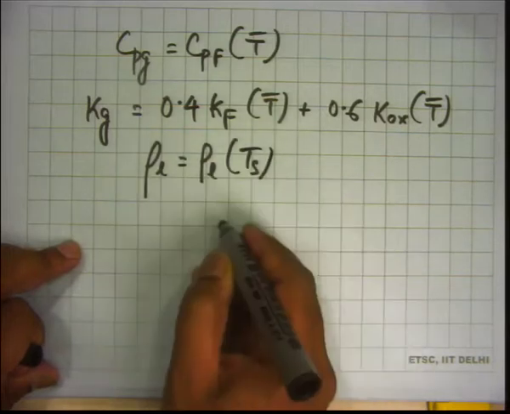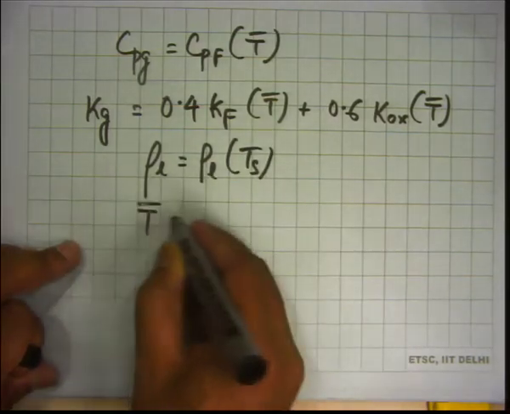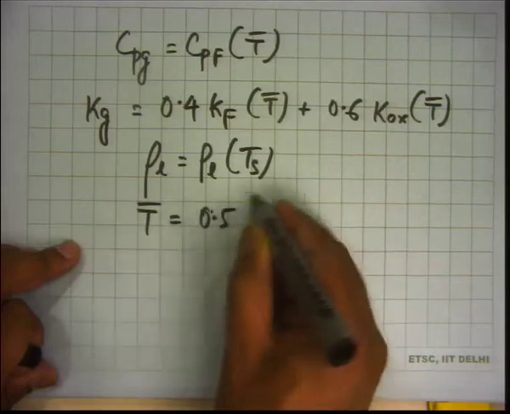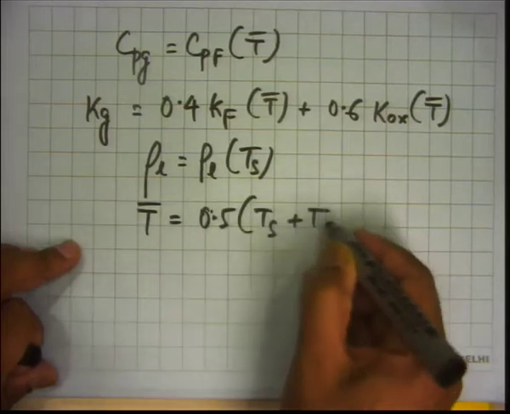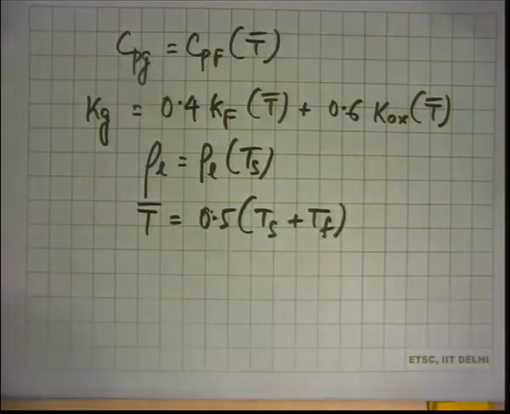This is the density of the liquid, and T bar is 0.5 times Ts plus T flame. So, this is the flame temperature.